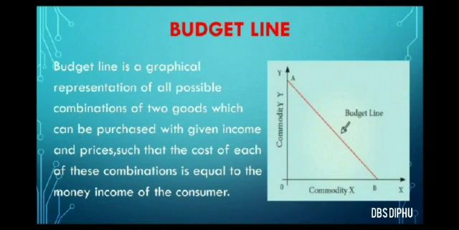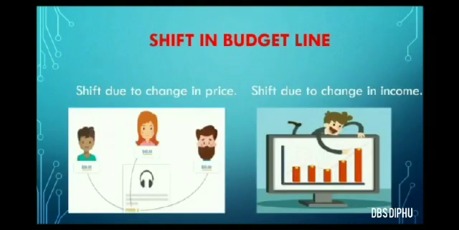Next, shift in budget line. Point number 1 is shift due to change in price. The price of a commodity is volatile in nature and changes from time to time. The market price of the goods will either decrease or increase.